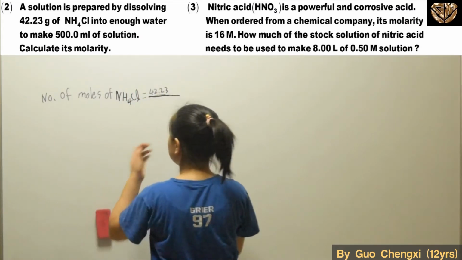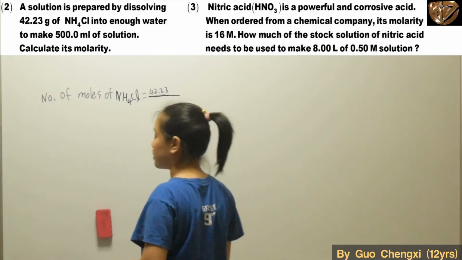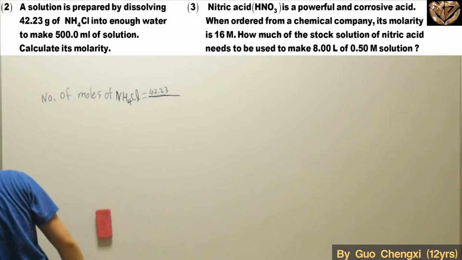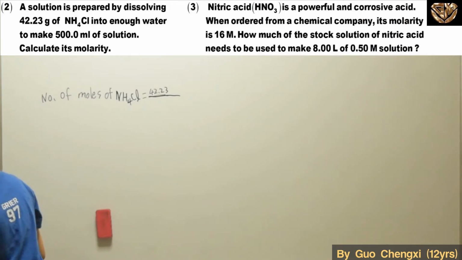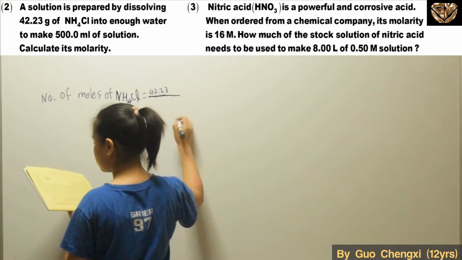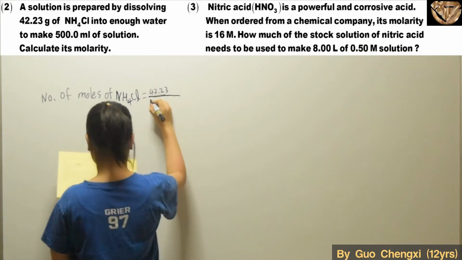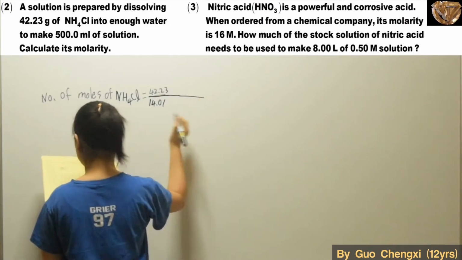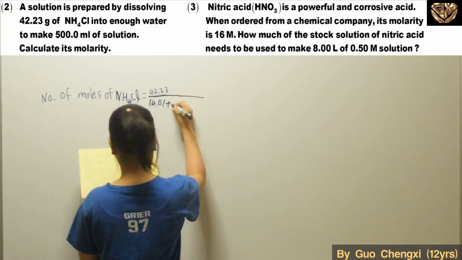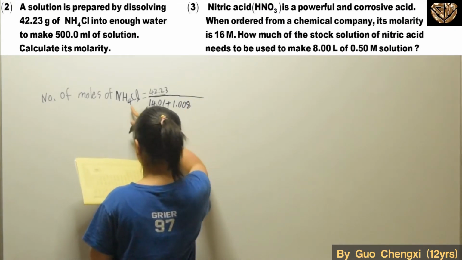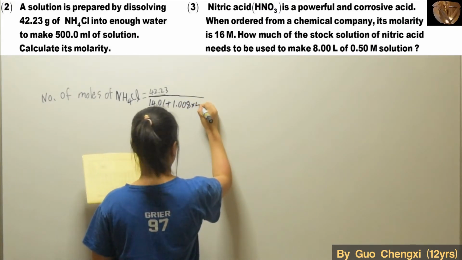If you're wondering what they are, for nitrogen we have 14.01, then add 1.008 for hydrogen, but there are 4 of them, so you have to times 4.